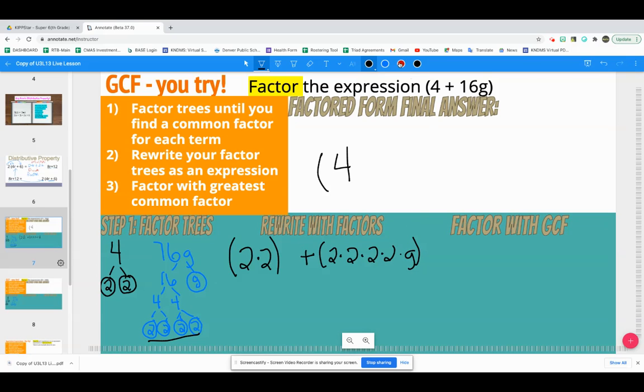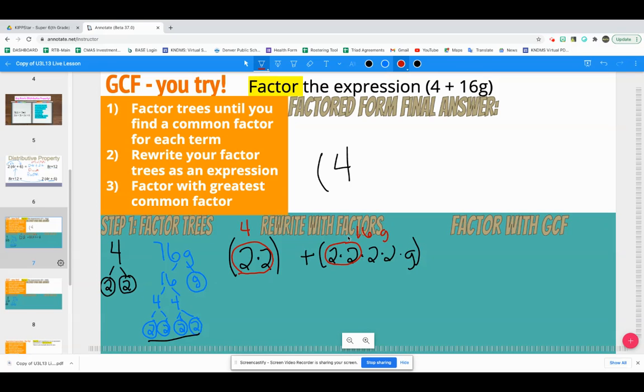Now once I did that, I want to circle the factors that are the same. What I notice here is that both my 4 and my 16g share 2 factors. They both share 2 times 2. So I'm going to circle that. Remember, these are the same.